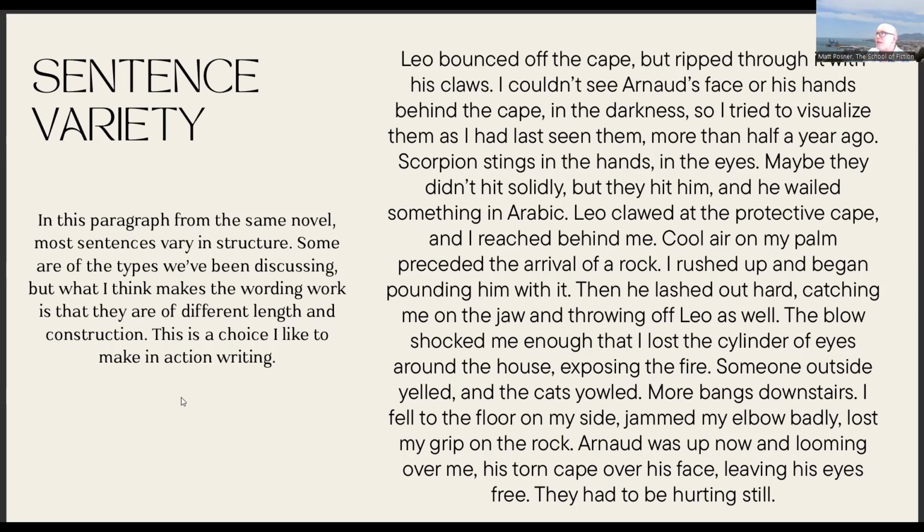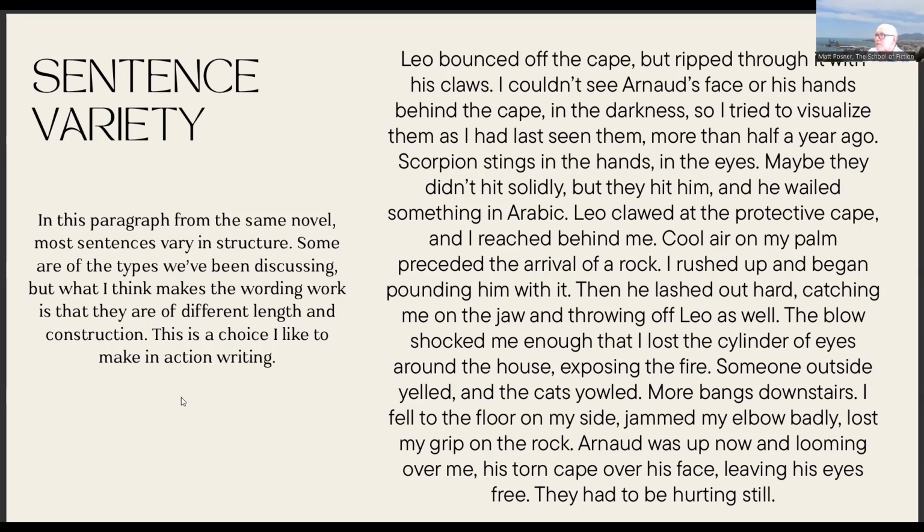Look at the sentence variety here. First sentence, a compound. Second sentence, compound. All right. Third sentence, a fragment. Scorpion stings in the hands, in the eyes. Sentence fragments are fast-paced. Right? Compound sentence again. Then after that, another compound sentence, because these are indicating relationships in sequence.